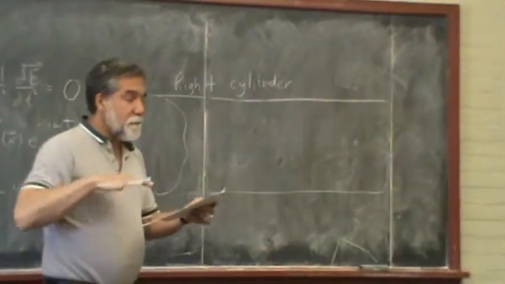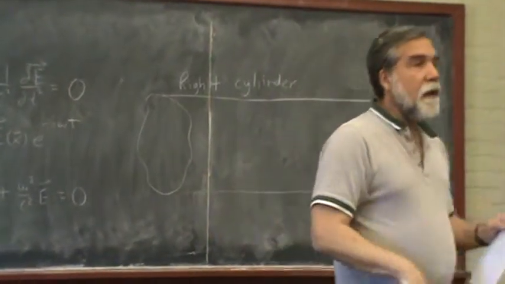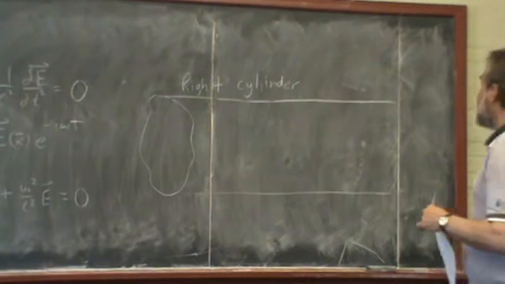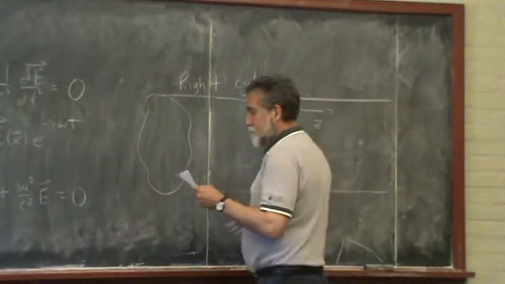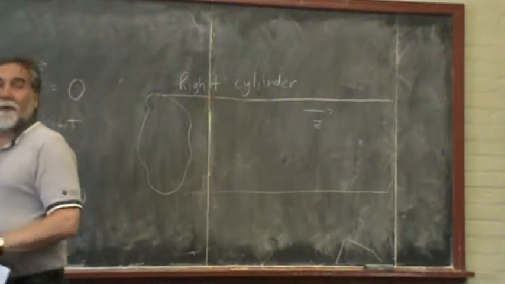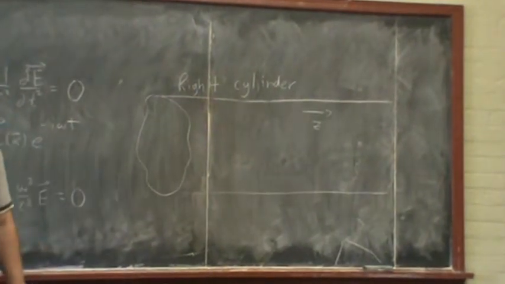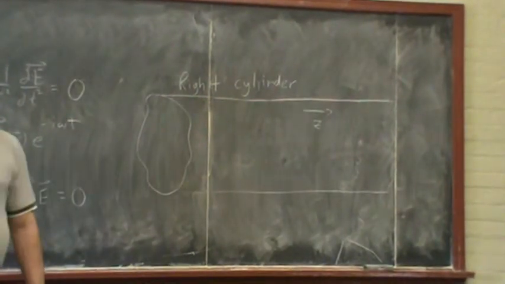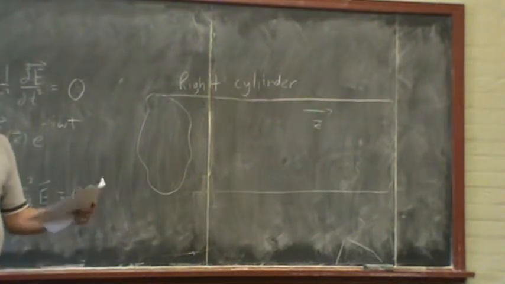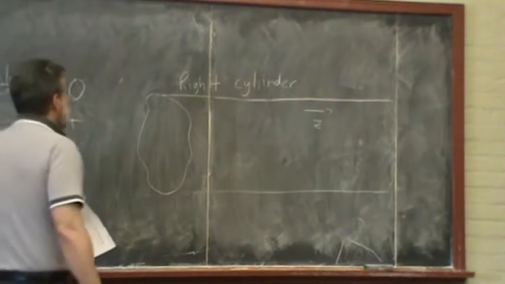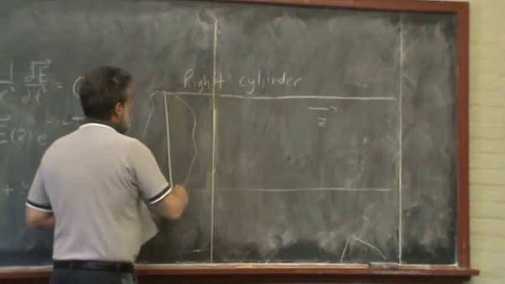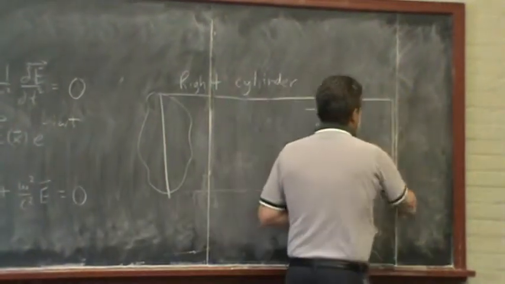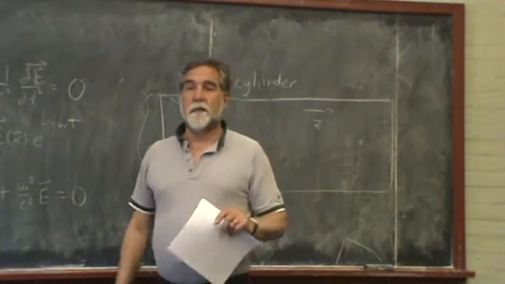The cross-section can be arbitrary, but it's got to be constant. We're going to take the z-axis to be the longest axis. Right? We're going to assume that the z-dependence can be represented, let me see. Actually, I'm going to start out with cavities. There's a wall here and a wall there.